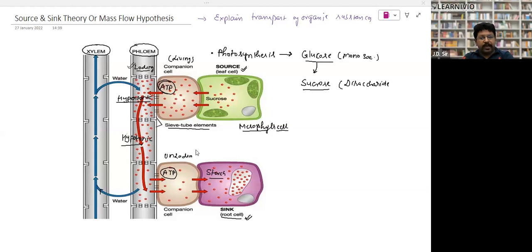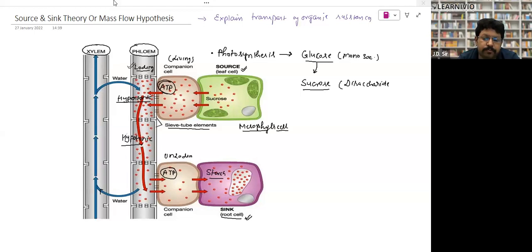In sink, next point, sucrose is converted into starch, which is insoluble in water.